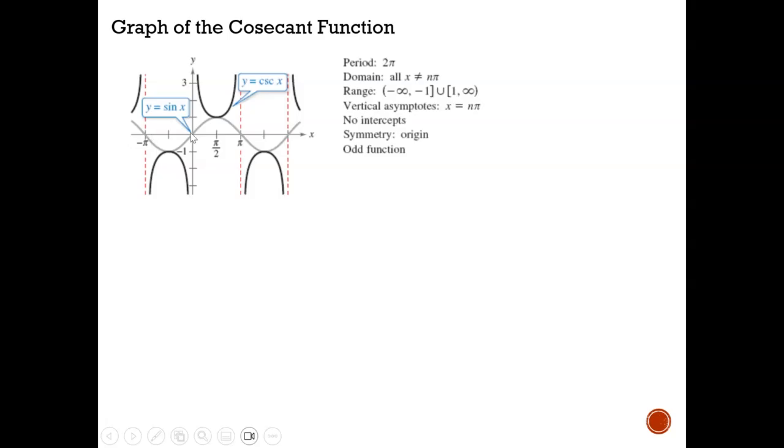Right here's an x-intercept, x-intercept, x-intercept, and x-intercept. Those will be asymptotes, right? So that's the graph. And how you graph it, then you erase the sine wave, and you're left with the cosecant, which are all these in dark black.